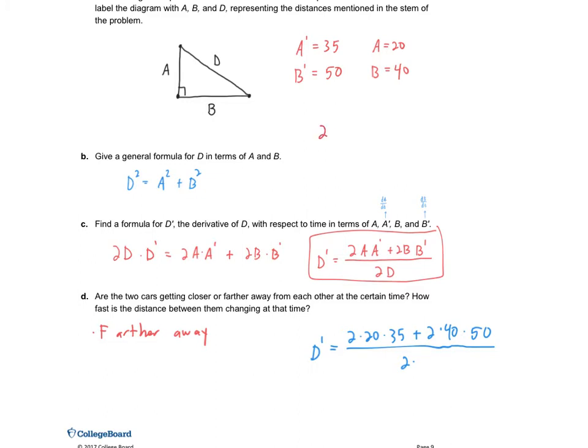So 20 squared plus 40 squared equals D squared, which equals 400 plus 1600, so 2000.